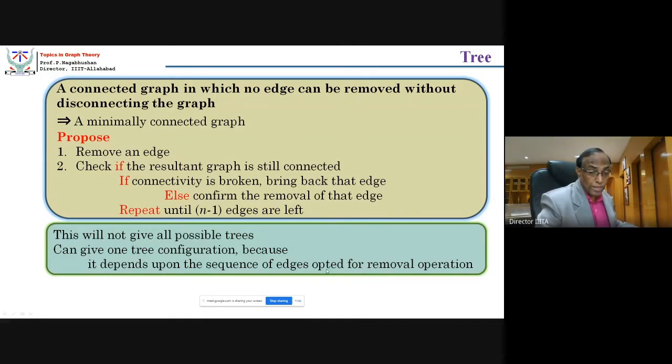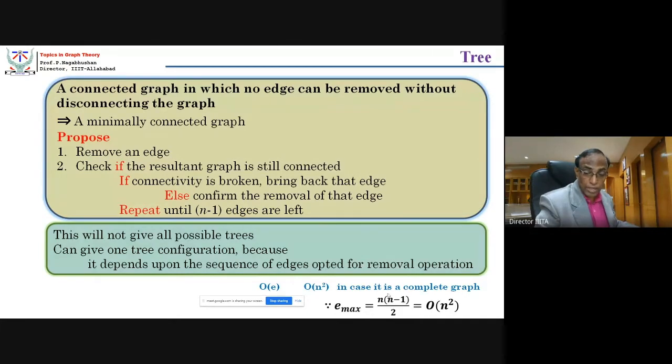So how many edges do you have to remove? E minus (n-1) edges have to be removed. So in general, you have to try over all edges. It is an order of E algorithm, and it is order of n square in the case of a complete graph, because E maximum is n(n-1)/2. That's order of n square.